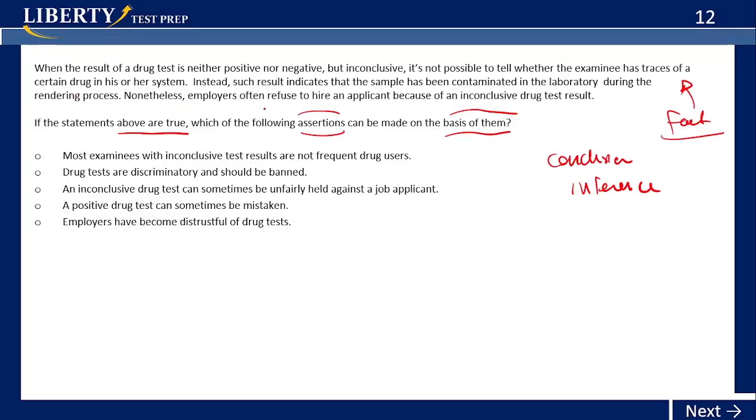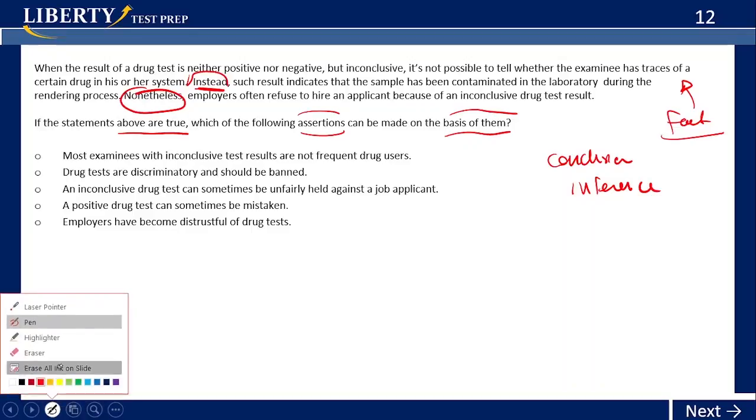Nonetheless, employers often refuse to hire an applicant because of an inconclusive drug test result. Okay, so that's what they are saying, right? So you have a story about that inconclusive test. You have the word instead, you have the word nonetheless, all right? So those are important keywords for us to notice. What has to be true?